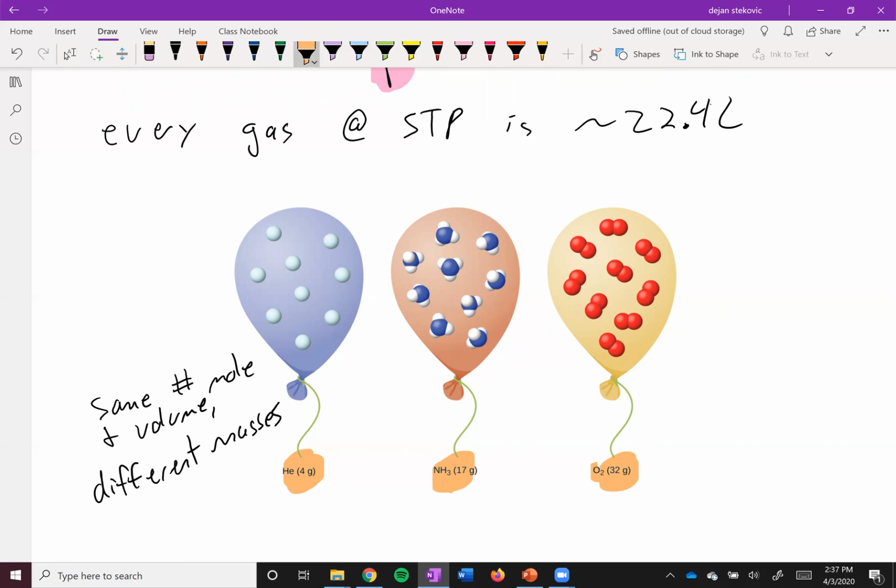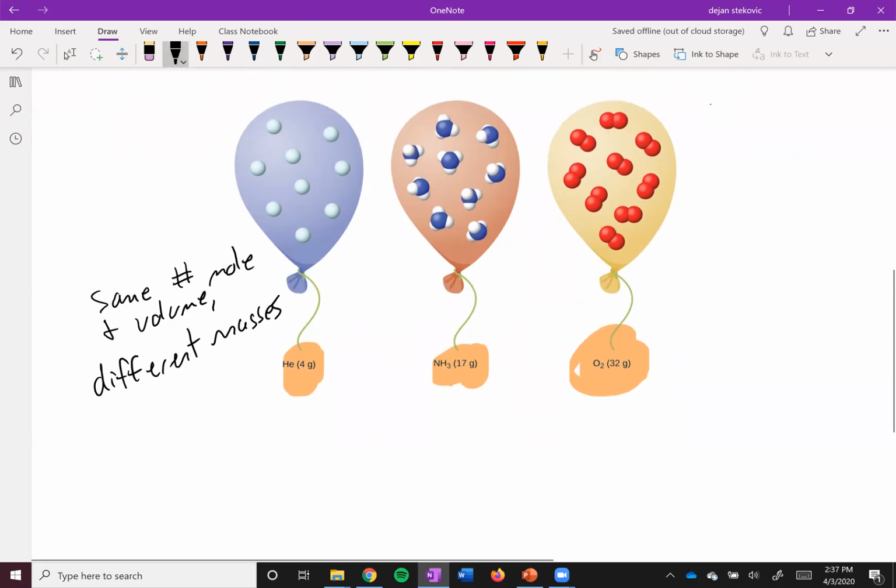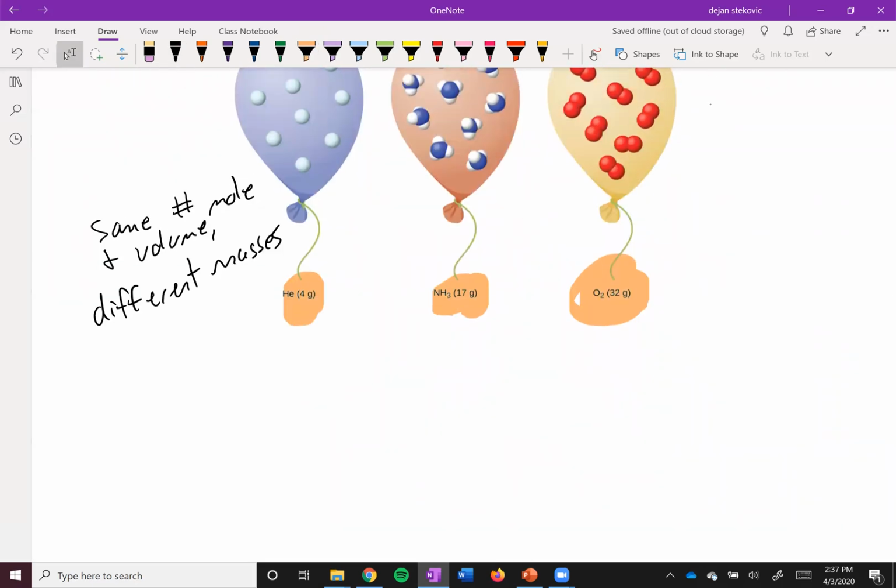You can see these balloons weigh different amounts. The helium, much lighter atom, only weighs 4 grams. The ammonia, 17 grams, and then the O2, 32 grams. And so what we can say is different is the density, right? The mass is different, but the volume stays the same, so the density must be different.